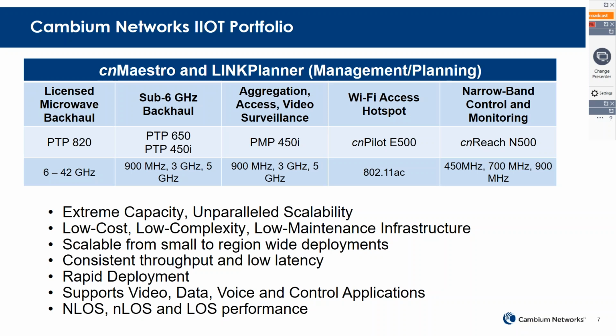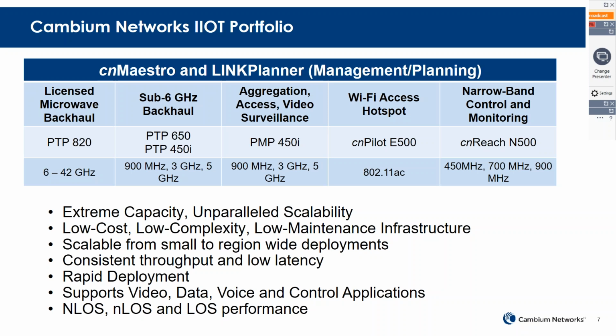And then we have point-to-multipoint for aggregation, access, and video surveillance. This PMP 450 operates also in the 900 megahertz, 3 gigahertz, and 5 gigahertz. And then we have the Wi-Fi access hotspot, the 802.11ac-based e500, operating in an outdoor environment.